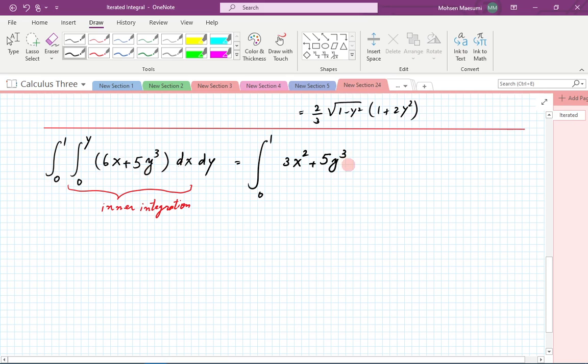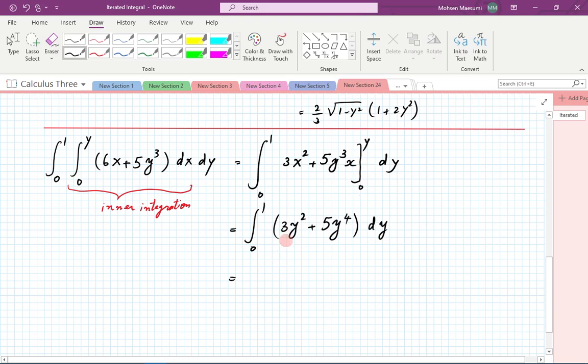When you integrate it, it becomes that constant times x, and then the limits are from 0 to y, and then dy. So now with respect to these limits, from 0 to 1, this becomes 3y squared. This becomes 5y to the power of 4. At 0, this all becomes 0. That's all that is left, dy.